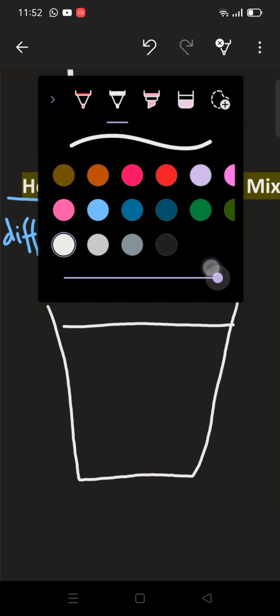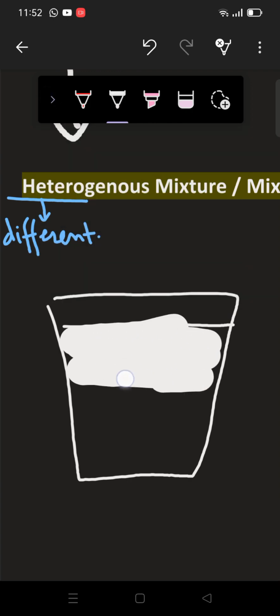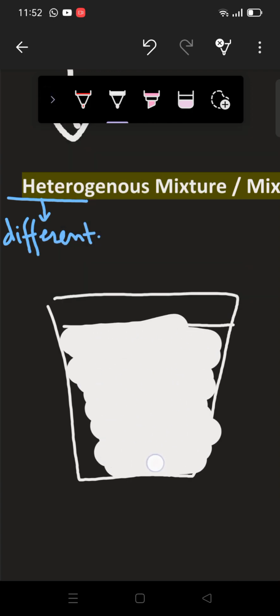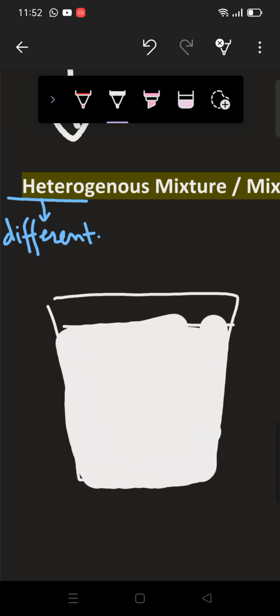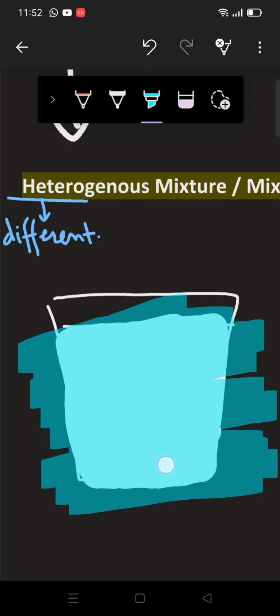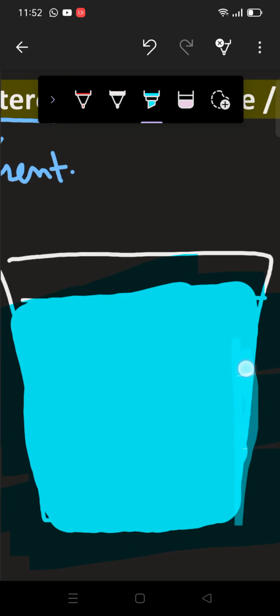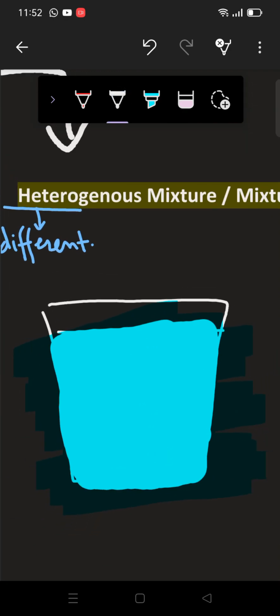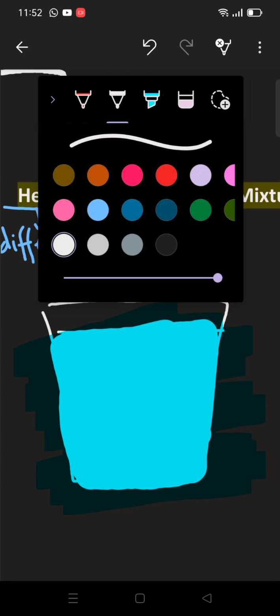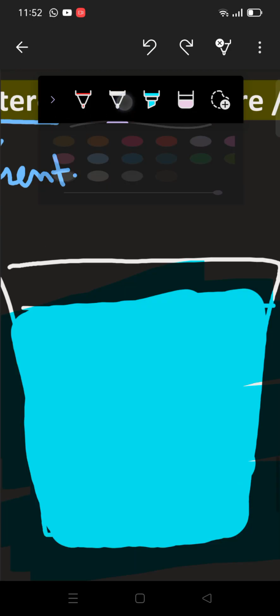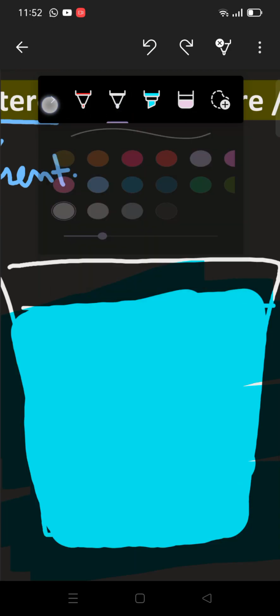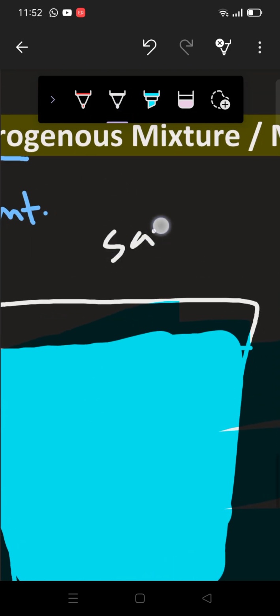Water would be same in all the cases. Alright, here I have water. Let's color this water. This is water, and now I am putting sand in it. You know what sand is.